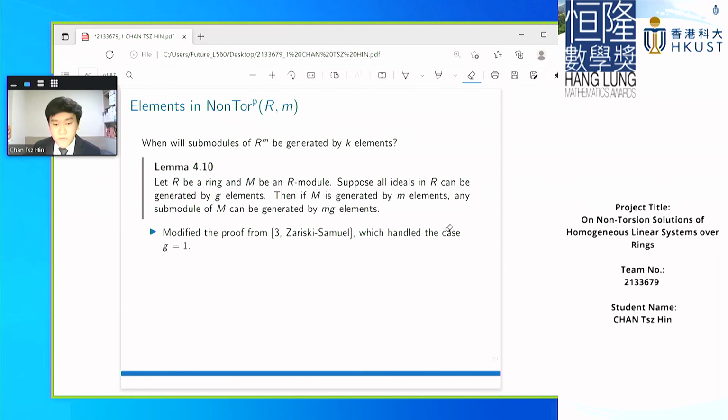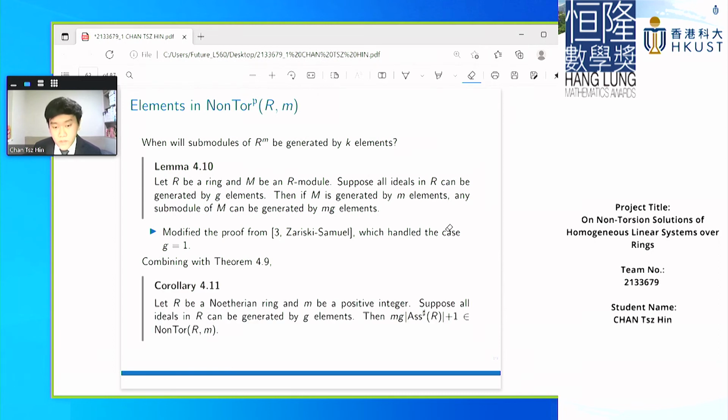The proof is modified from one of the reference textbooks, which handles the case when g equals 1. Combining with the previous theorem, we have the following corollary, which says that if all ideals in R can be generated by g elements, then mg times the number of maximal associated primes plus 1 is a non-torsion number.